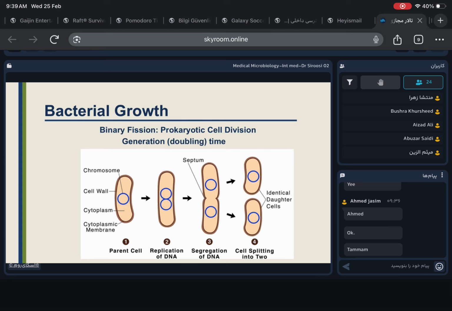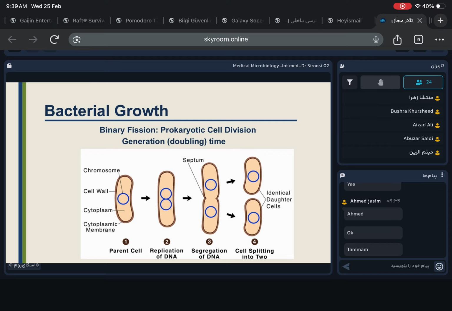So the cell elongates a little bit, the chromosome is replicated, and the two chromosomes migrate to opposite poles or opposite ends of the cell, and then a septum, which is a cross wall, starts to form in the mid cell. And when the formation of this septum is completed, it splits the cell into two identical daughter cells.